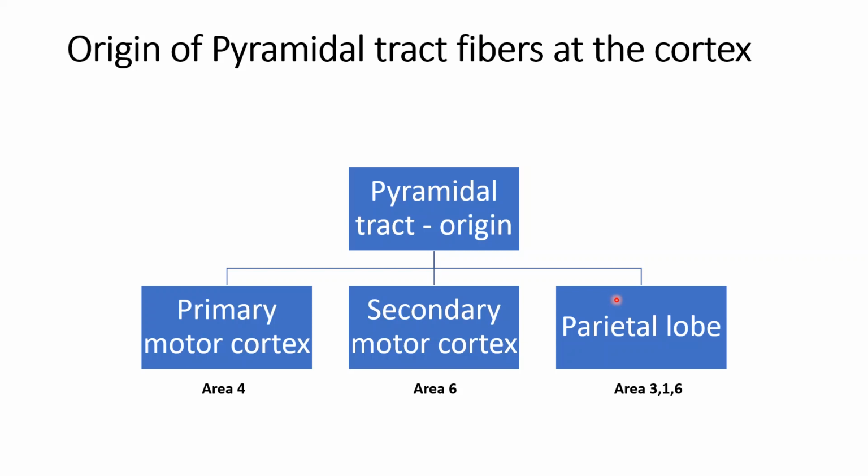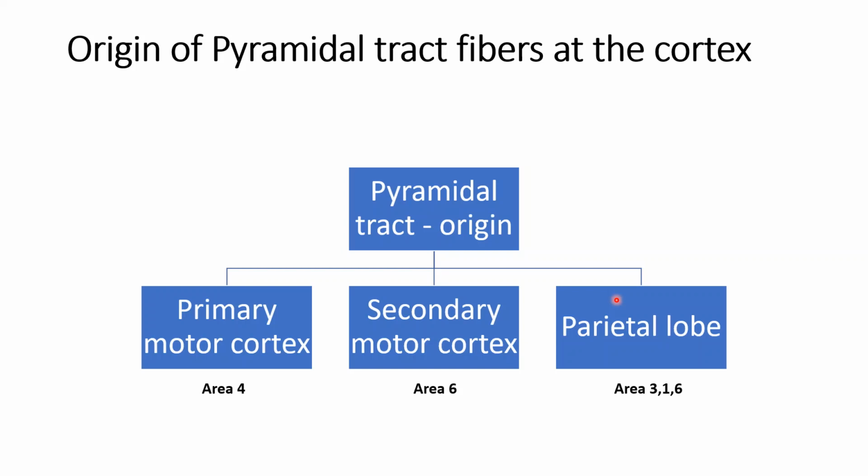So remember, when you start as a postgraduate, when they ask you to tell the course of the pyramidal tract, don't just start that it starts from the Betz layer or the cortex. Tell that there are 3 groups which come together to form the pyramidal tract, and that is the primary motor cortex, secondary motor cortex, and the parietal lobe.